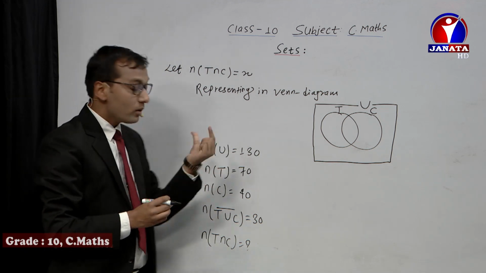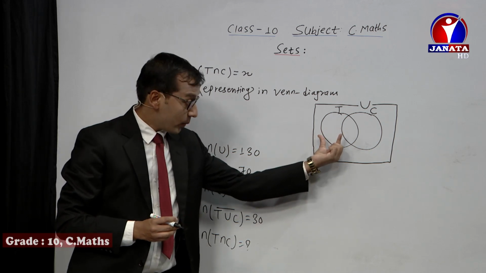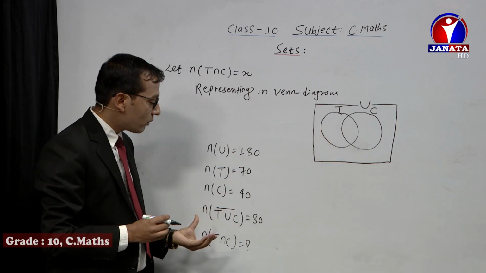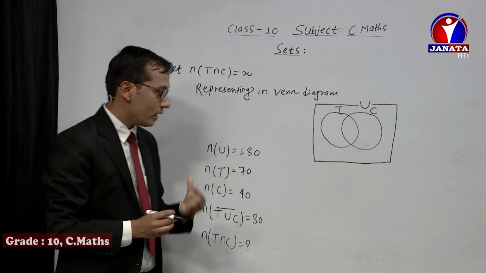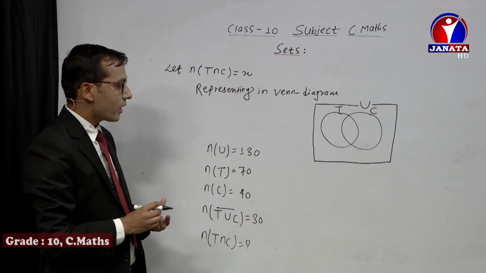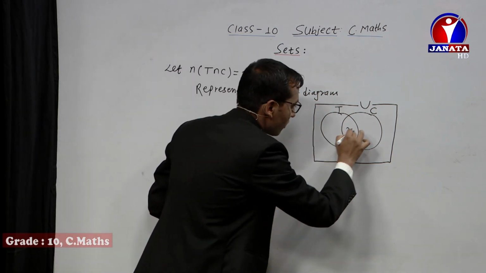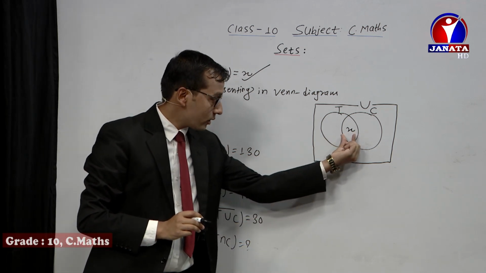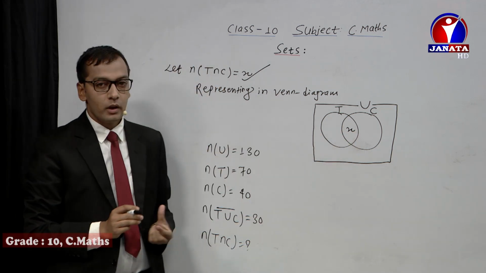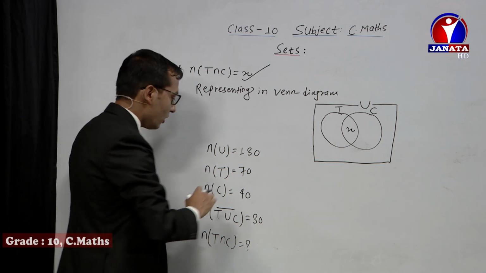Now I'm starting to explain how to insert the cardinal numbers of the different sets in a diagram. We begin from the intersection of the two sets. What is the intersection? X. So let's insert X in the intersecting part, the common region of the two sets T and C. What is the total n of T?